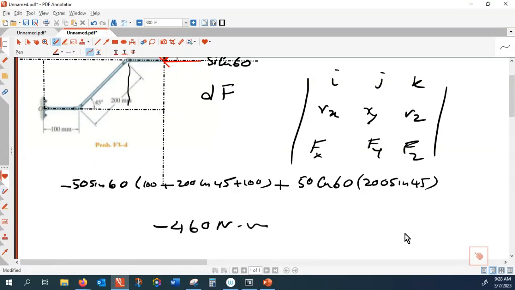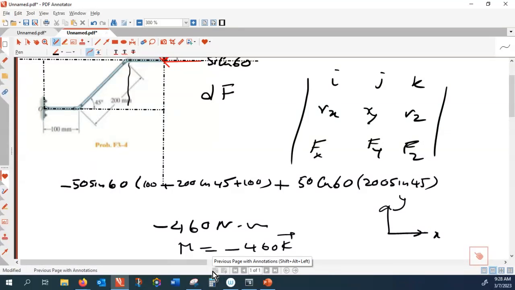With that clockwise, if I take my coordinate system like so, x, y, use your right hand, and with clockwise, your four fingers going clockwise, your thumb goes inside the plane. Is that plus k or minus k? Minus k. So if I want to write this as a vector, the moment would be minus 460k.